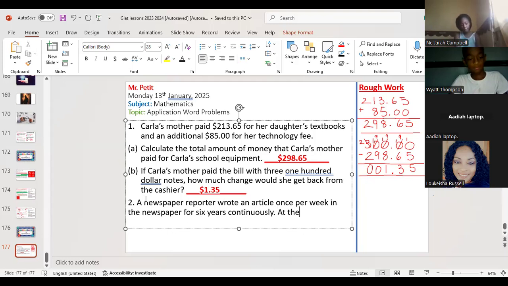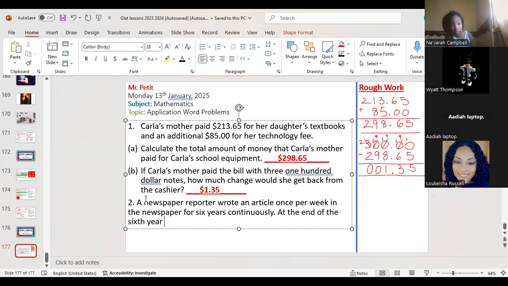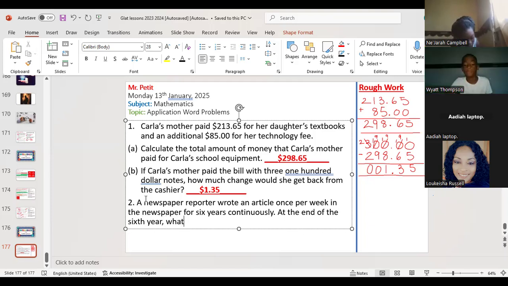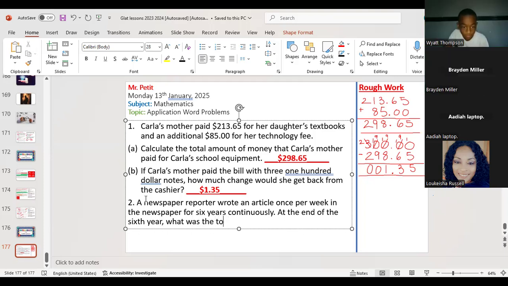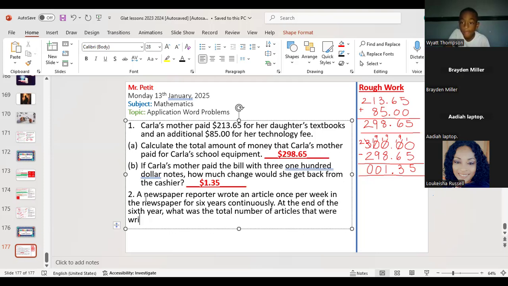At the end of the 6th year, what was the total number of articles that were written?